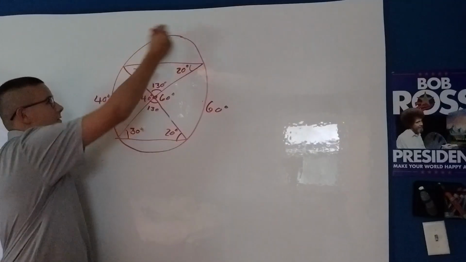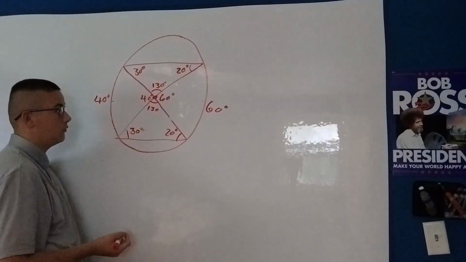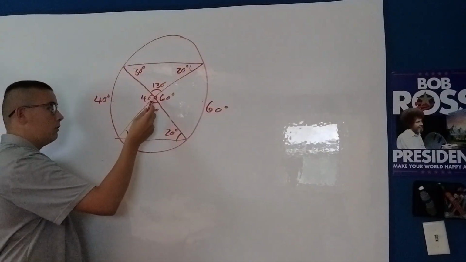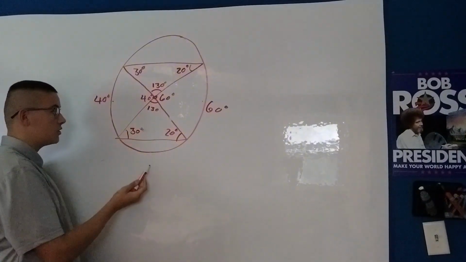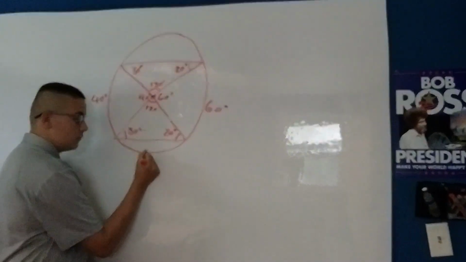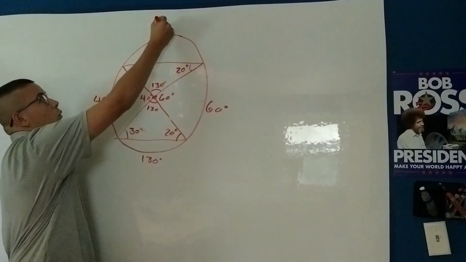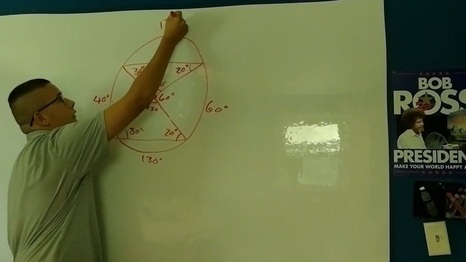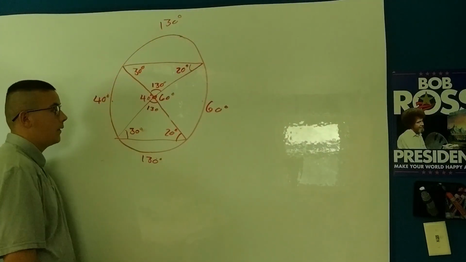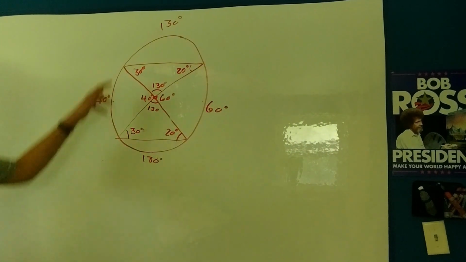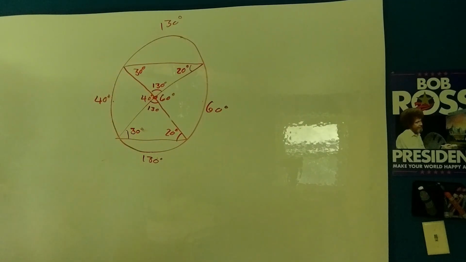We can even find this arc length and this arc length as well, because we have another central angle at the 30 degrees, so we can just bring that down and make this one 30 degrees, and this one up here 130 degrees, like that. So there you go. We found every single angle on this diagram given just two angles from it.